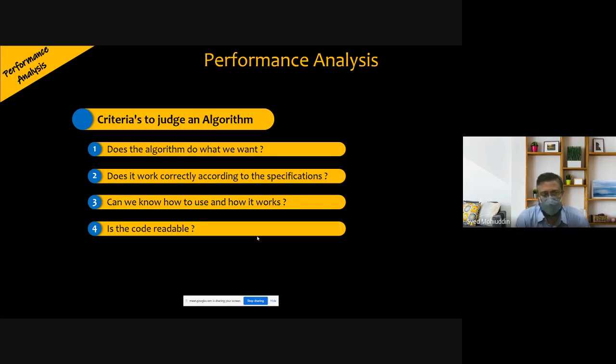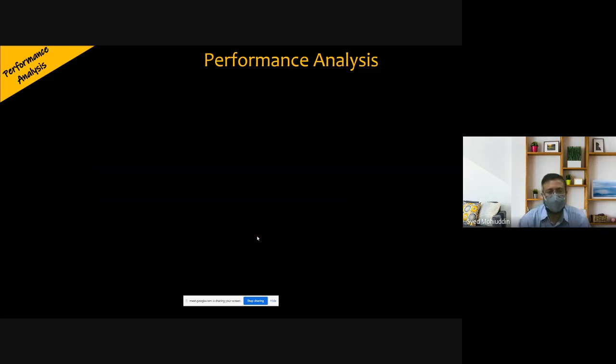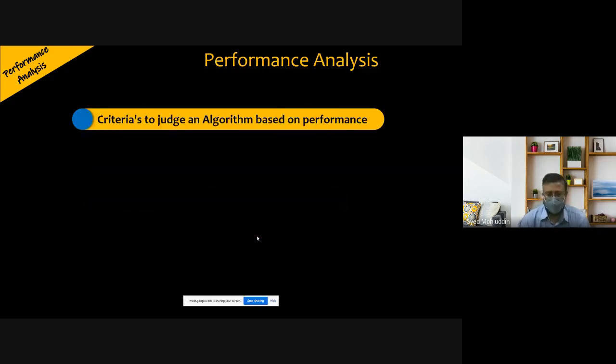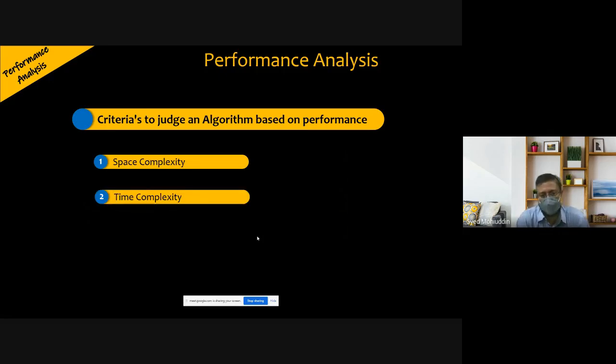This is about software engineering, not part of design and analysis. We are concerned about other criteria which affect performance, and based on those criteria we can judge the performance. First is the space complexity, and the second is the time complexity of an algorithm.